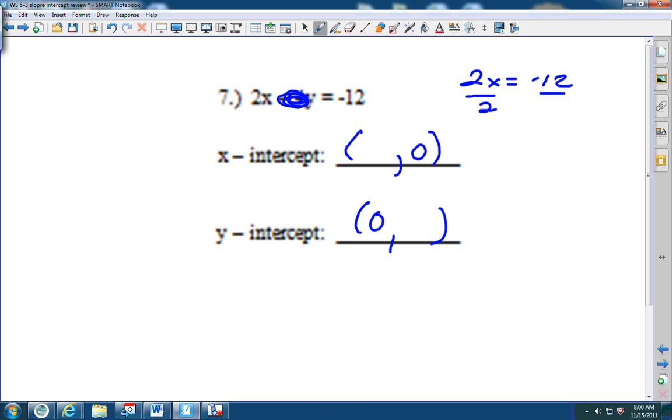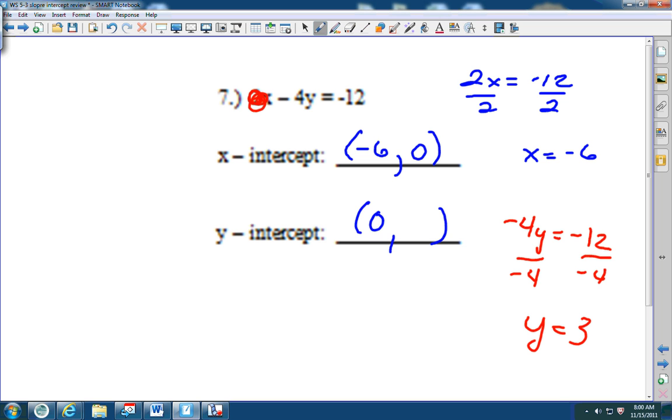Divide by 2. x equals negative 6. To find the y-intercept, I cover up the x. I get negative 4y equals negative 12. I'm going to divide by negative 4. y equals 3. There's my y-intercept.